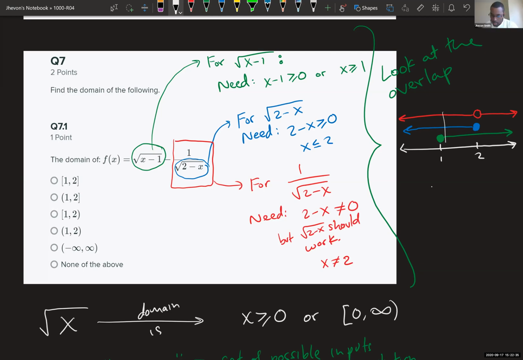Right. 3 colors appear over here. So that's the overlap. Notice that the 1 is included. However, the 2 is not included in the third one, and so you cannot include the 2. So the overlap includes the 1 going all the way up to 2, but not including the 2. And that is our answer, which is the third choice.